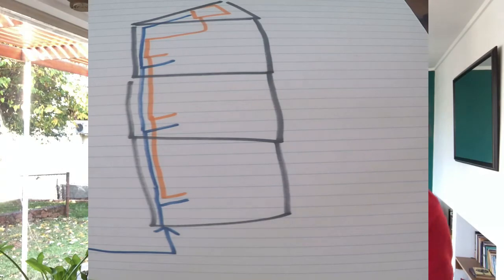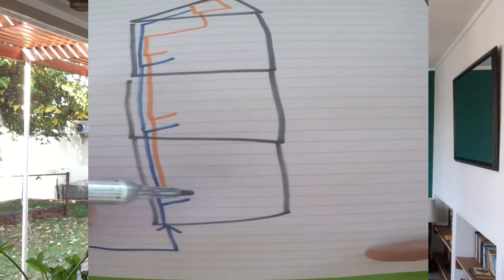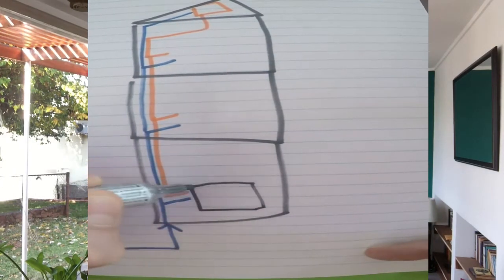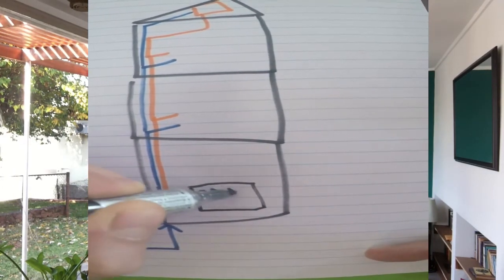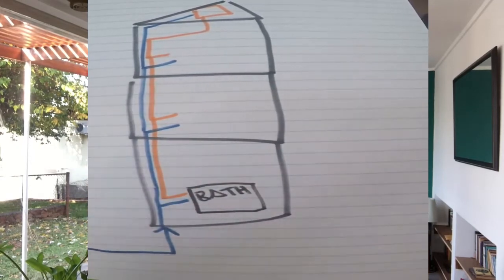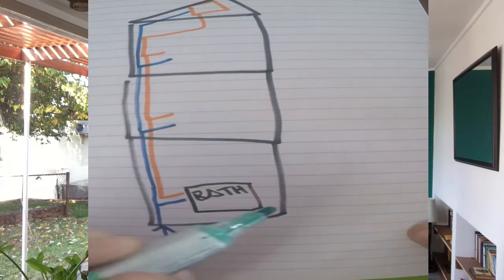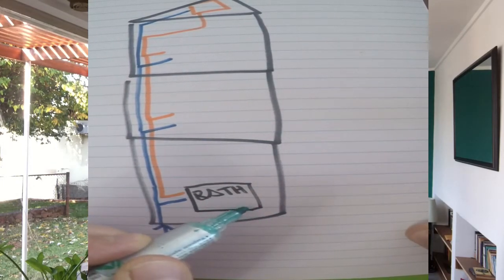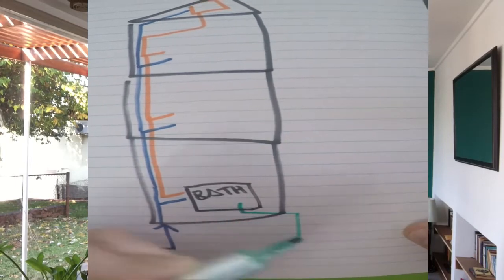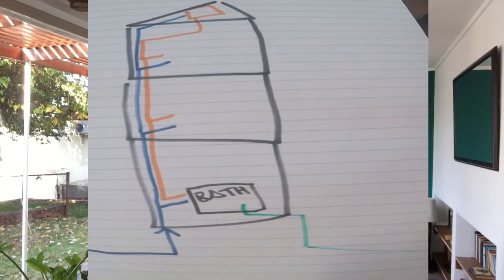But now we've got drainage. So we've got our bath here, and I fill up the bath and I'm done with it, and now I need to drain the water. I pull the plug, and this water goes out into a pipe and it goes down.